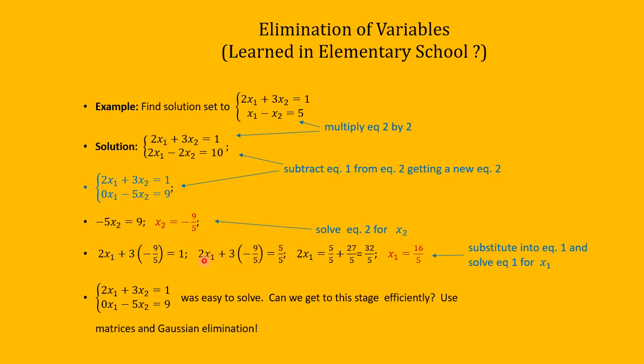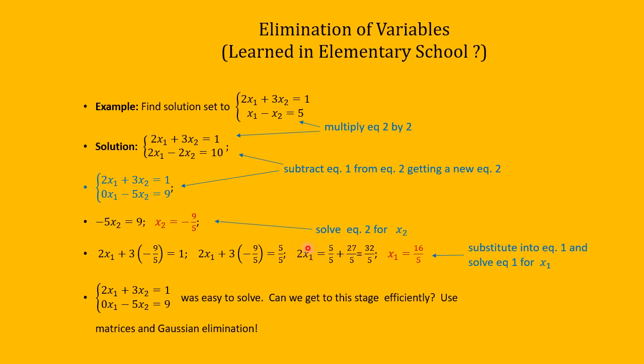And then we have 2x1 minus 27/5 equals 5/5. Let's add 27/5 to both sides, and we end up with 2x sub 1 equals 5/5 plus 27/5, which is 32/5. And then divide both sides of this equation by 2.